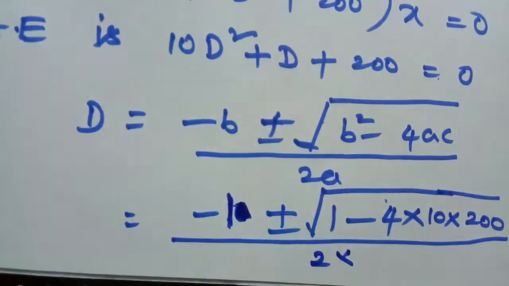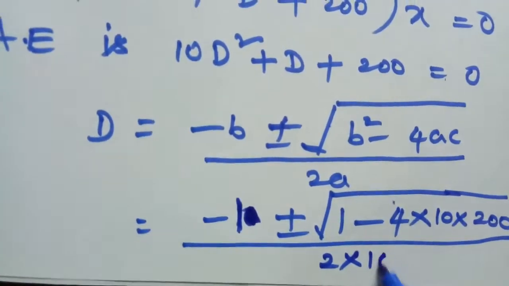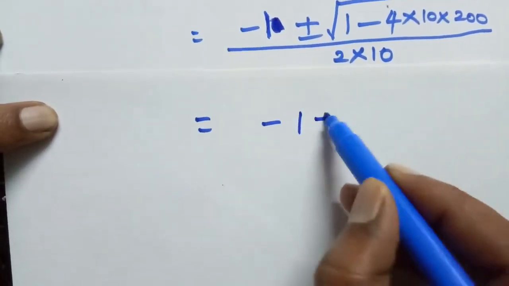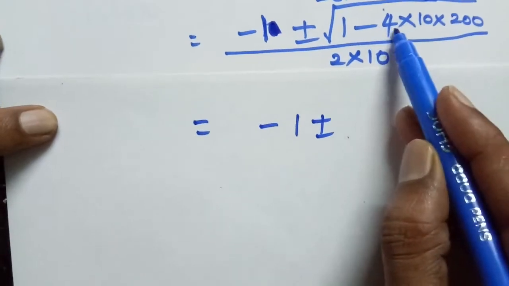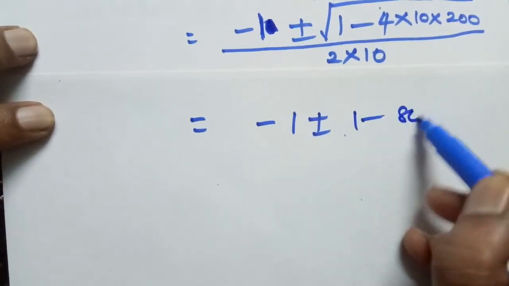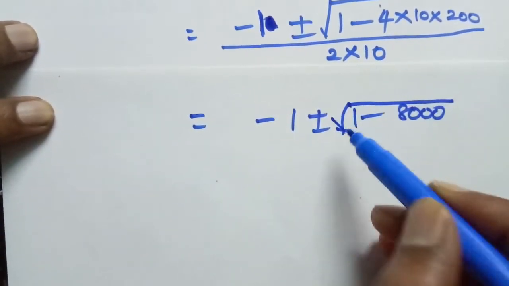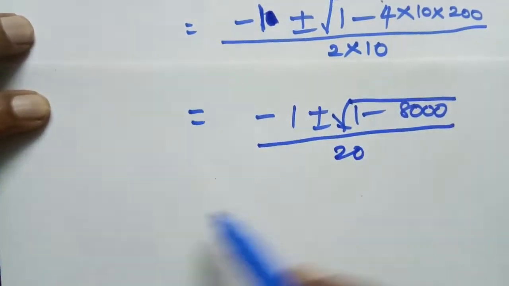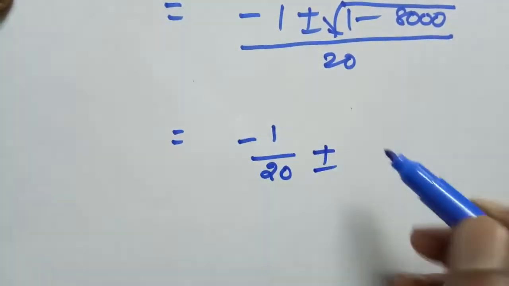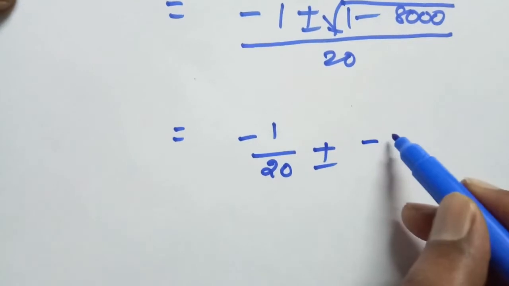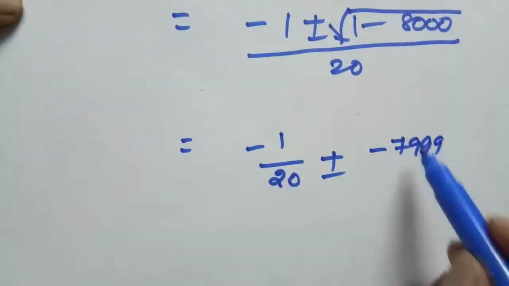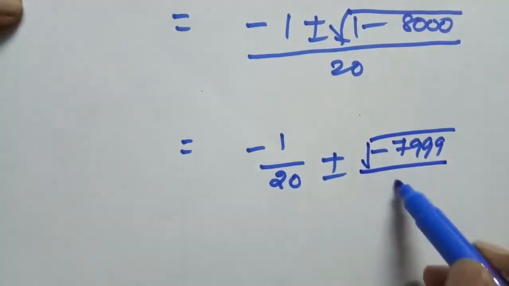2 into 10. This is equal to minus 1 plus or minus square root of 1 minus 4 into 10 into 200, that is 8000, 1 minus 8000, by 20. That is equal to minus 1 by 20 plus or minus square root of minus 7,999 by 20.